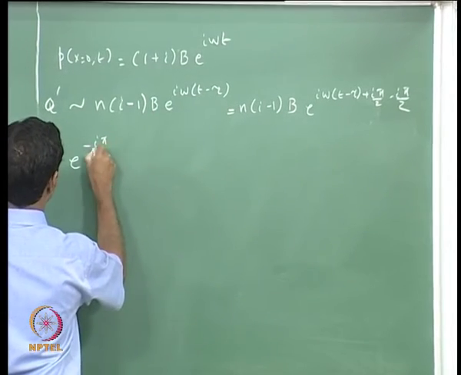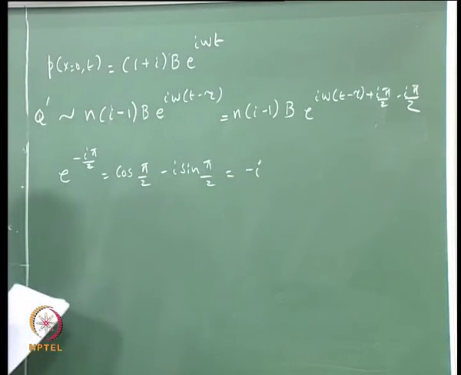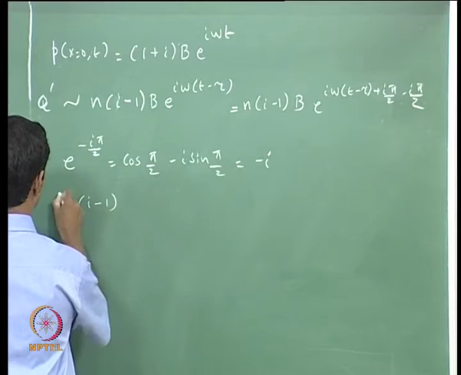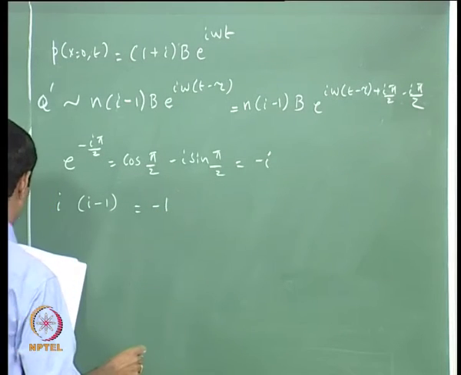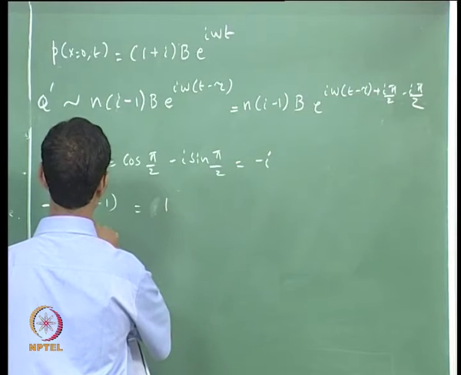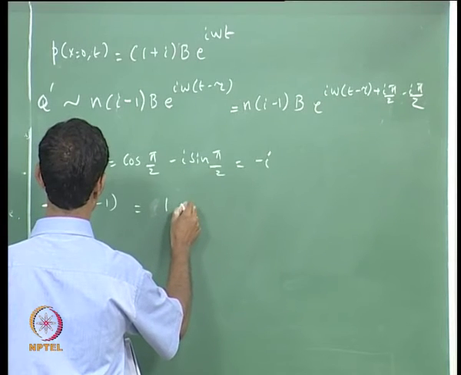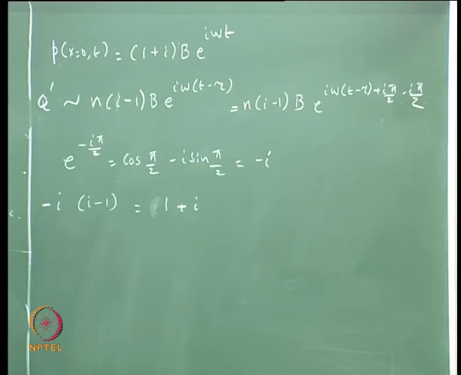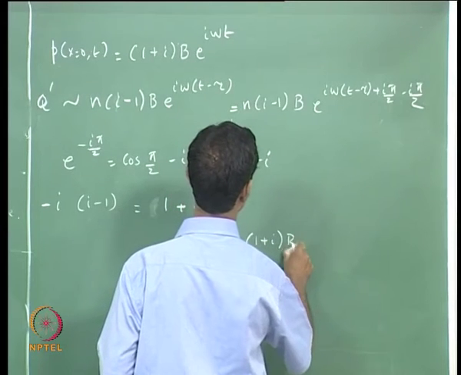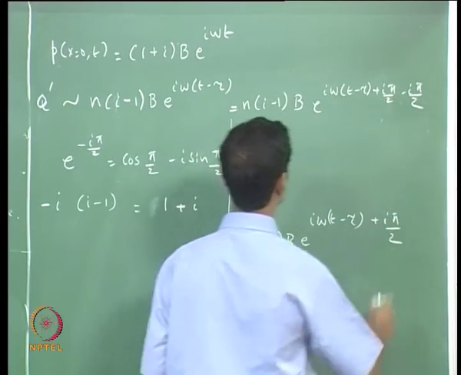E power minus I pi over 2 is cos pi by 2 minus I sin pi by 2, which is minus I. So I minus 1 times I would be minus 1 plus I. So this is equal to n into 1 plus I times B times e power I omega t minus tau plus I pi over 2.